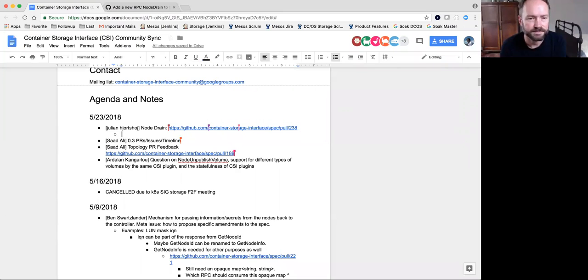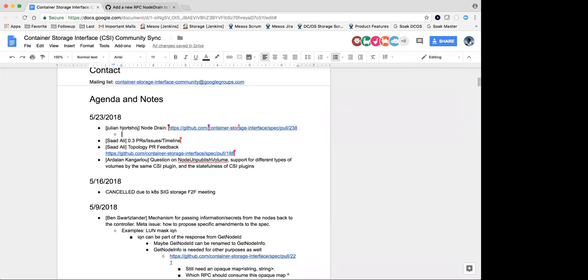In that case, if it's a stateless plugin, the CO may have no problem using it after it rebooted, because the mount table is cleaned up. So the CO might be able to assume the volume goes back to the node ready state. It should be node ready.